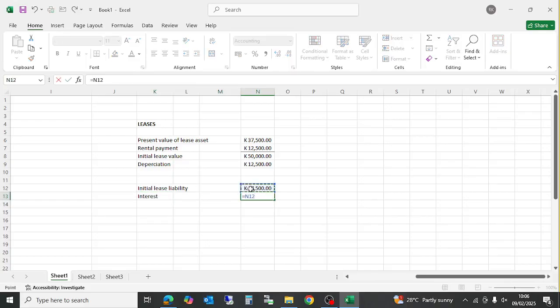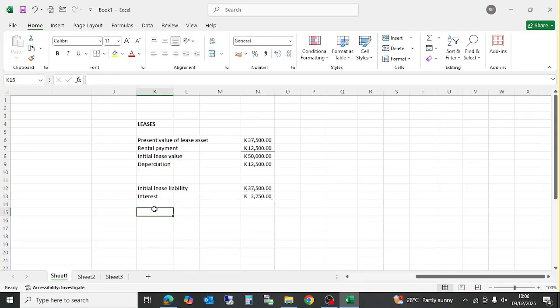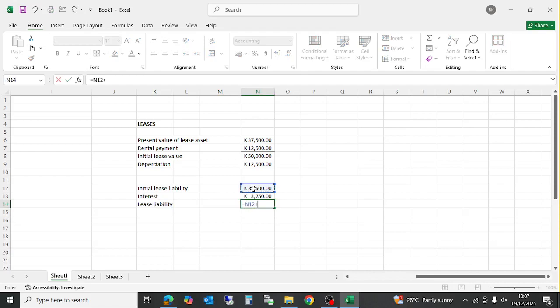So it will be 37,500 times 0.1. The lease liability will be, we add these two, the 37,500 plus the 3,750, giving us 41,250.